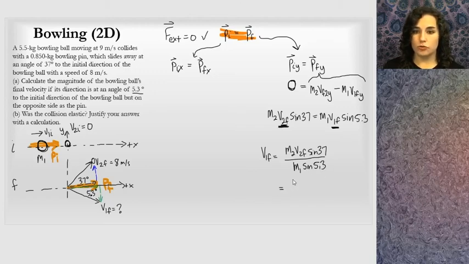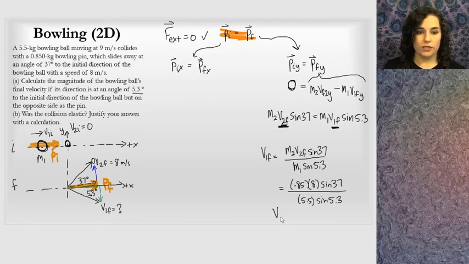So M2 is 0.85. V2 final is 8 sine 37, and then we're going to divide by M1, which we know is 5.5, and multiply by 5.3.